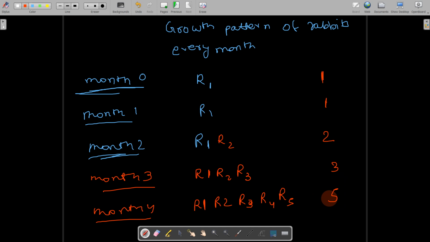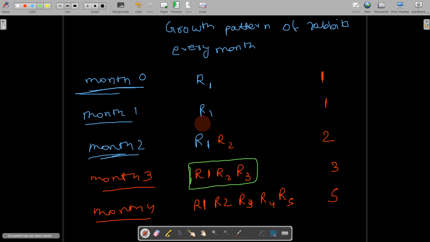So observe the pattern. This is what Fibonacci observed. Suppose at the end of month 3, how many couples of rabbits will we get? How did he identify it?